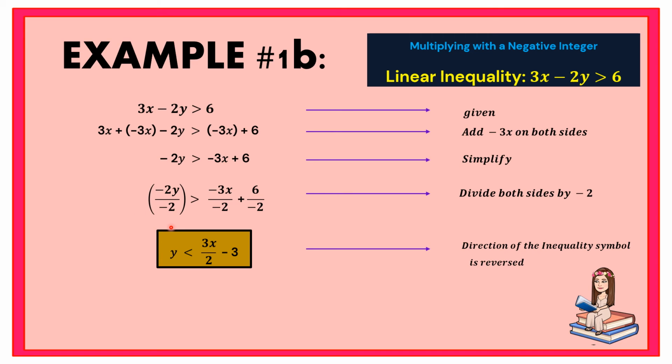Take note, pag nag-divide or nag-multiply ng negative, you have to change the inequality symbol. Gagawin lang po yan kapag negative ang ipinang-divide. Unlike po sa equality, kahit negative ang ipang-divide, walang mangyayari. Okay? So kapag hindi naman negative ang pinang-divide mo, you don't need to change the inequality symbol. I hope malinaw po iyan.